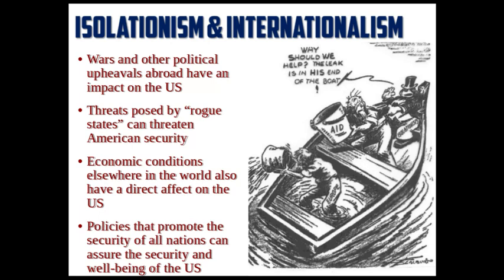That's states as in other countries. And rogue just means going off and doing your own thing. A lot of times it has a negative connotation. Economic conditions elsewhere in the world also have a direct effect on the U.S. Policies that promote the security of all nations can assure the security and well-being of the U.S.